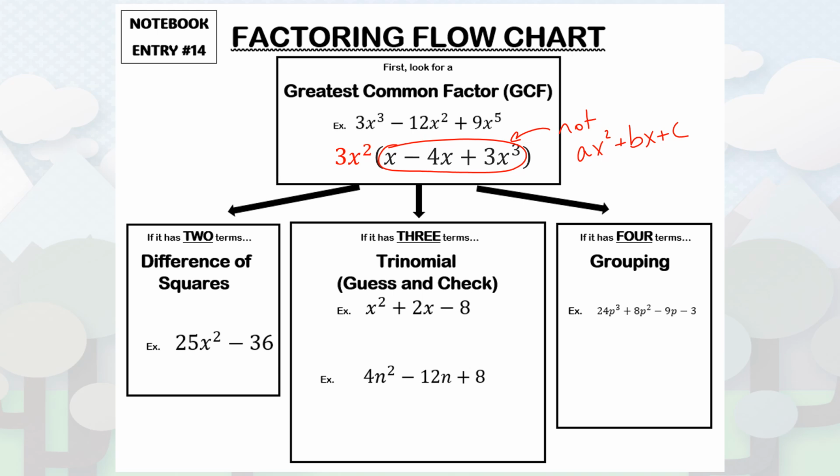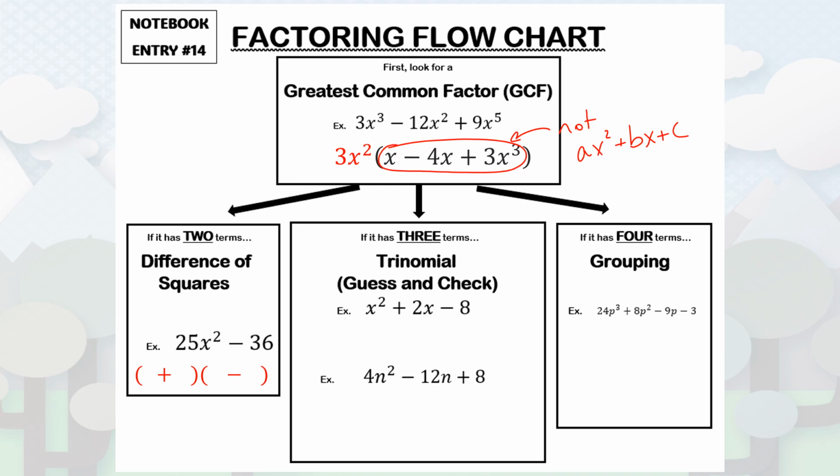Okay. So the next thing I look for is difference of squares, right? So if there are two terms, I look for difference of squares, and that right away, if it's difference of squares, we've got two parentheses, one plus and one minus, and then we take the square root of each of those two terms, right? Or those are both perfect squares.